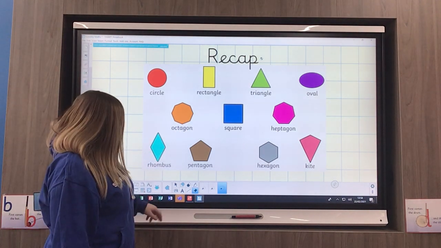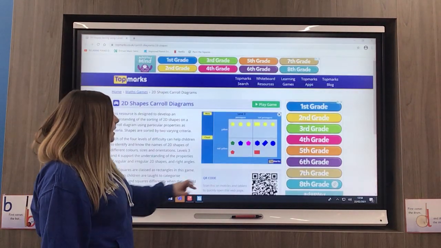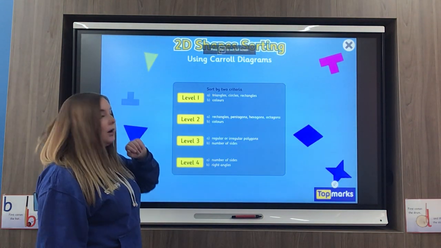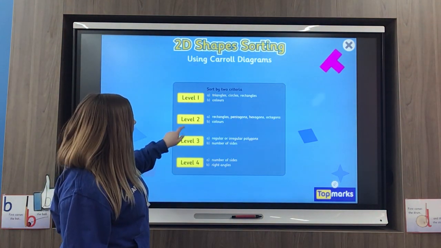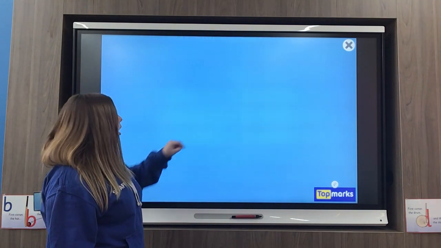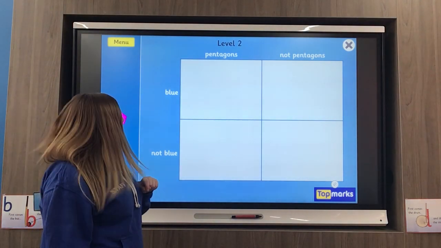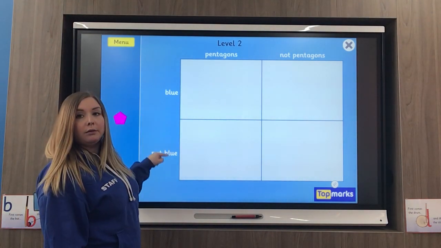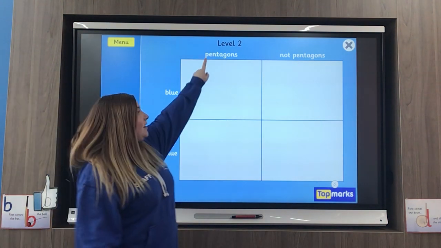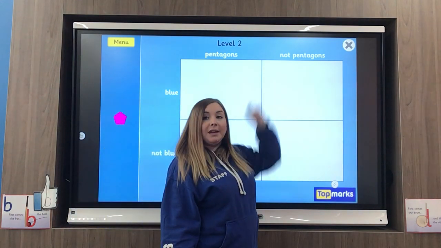Okay, so let's quickly play a game to get us thinking about these shapes, and I think we'll go for level 2. I definitely think we're ready for level 2. So we've got to sort these shapes dependent on their colour, so blue or not blue, and if it's a pentagon, which is five-sided, or not a pentagon.